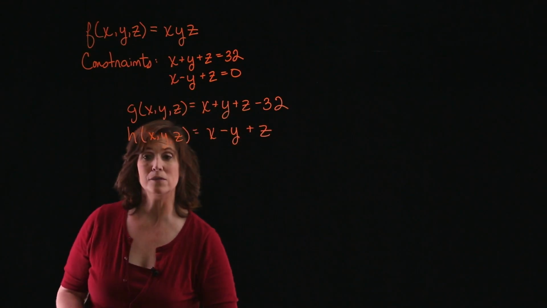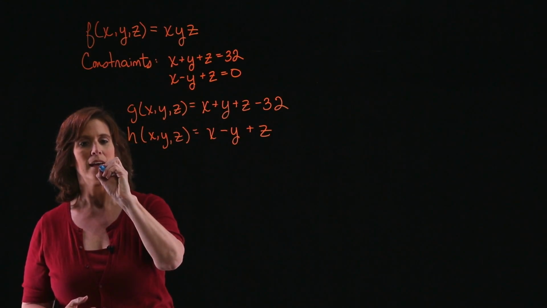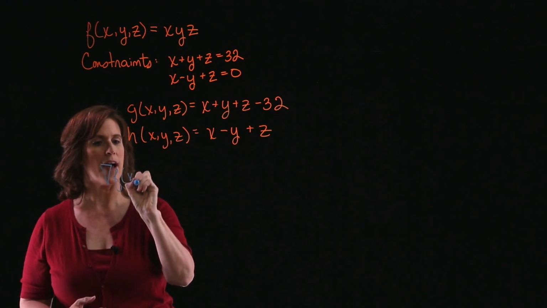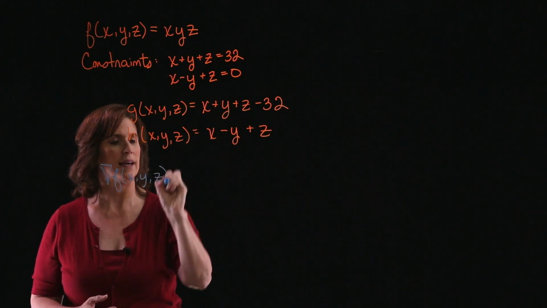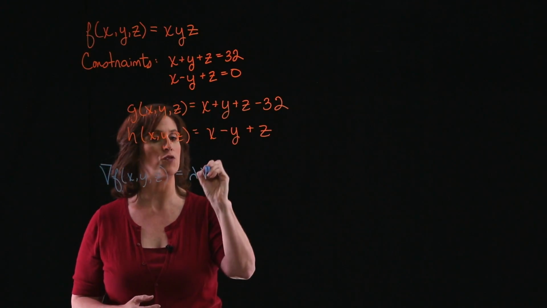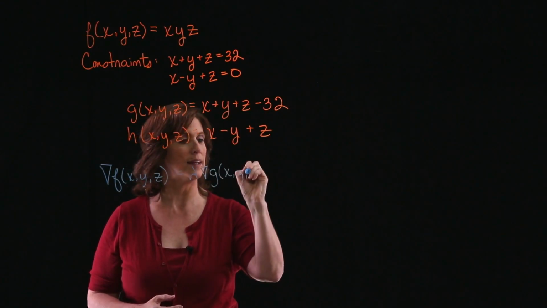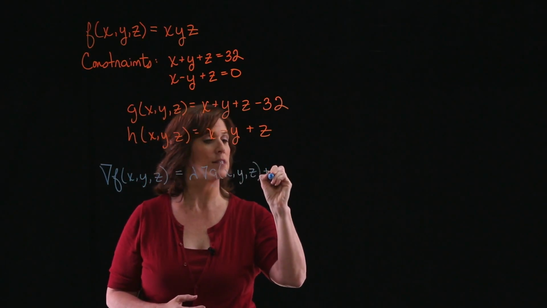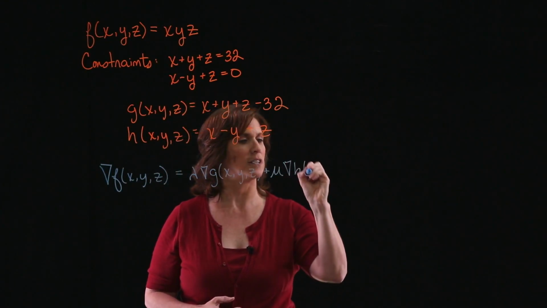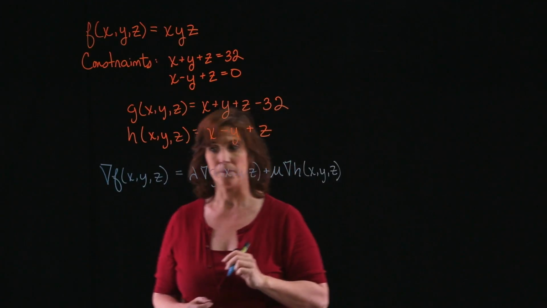Okay, so to use Lagrange multipliers, I'll take the gradient of f of x, y, z and set that equal to lambda times the gradient of g of x, y, z plus mu times the gradient of h of x, y, z.